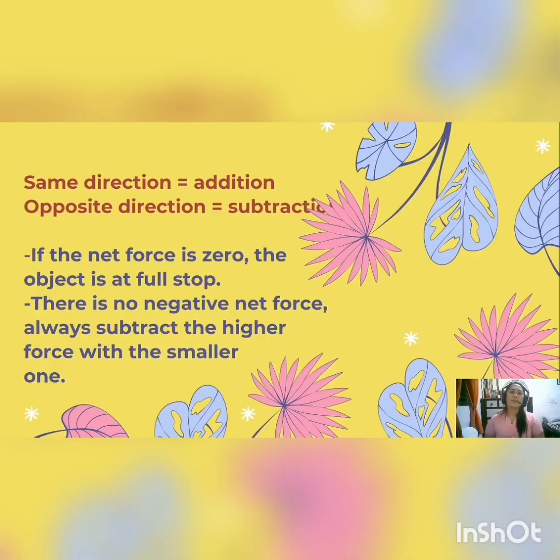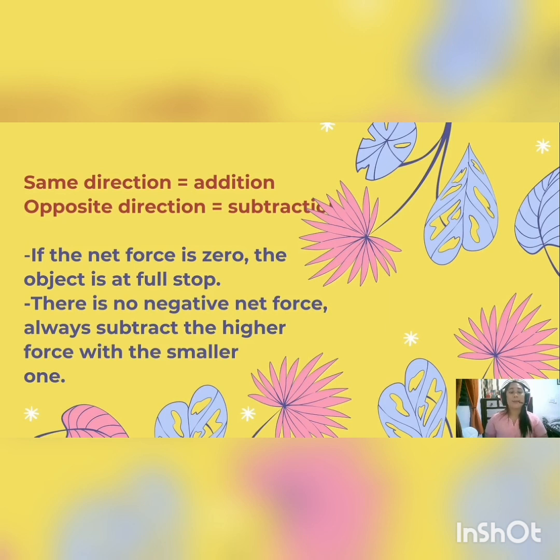Okay, so one of the things that Isaac Newton wants us to remember is how do we get the total net force? Let us use the following ideas. If the forces have the same direction, all you need to do is to add those forces to get the total amount of net force.